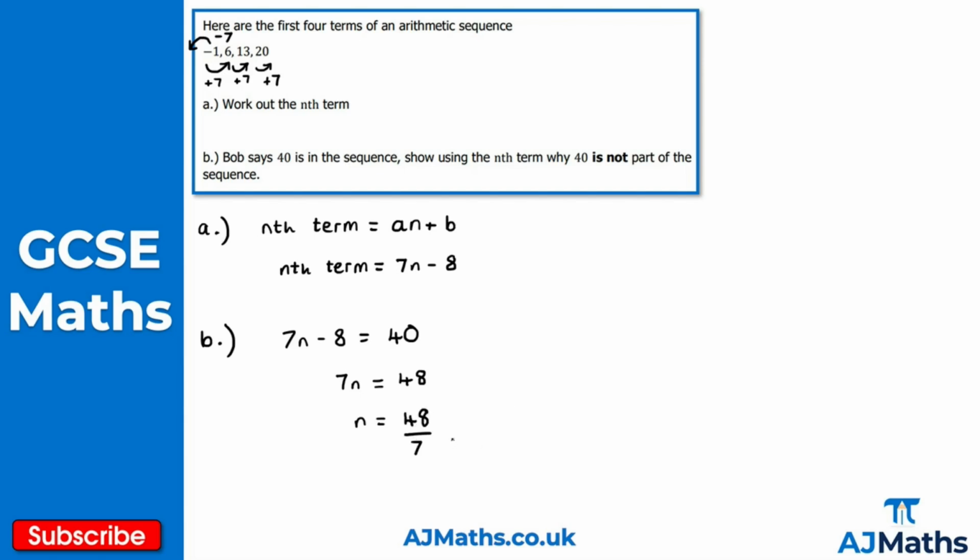And like we said, if I just quickly put it into my calculator so we can see what the decimal is, 48 divided by 7, we get 6.8571, and so on.